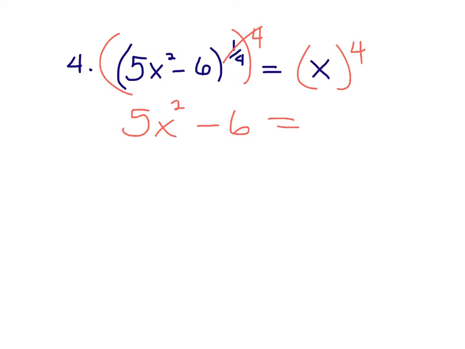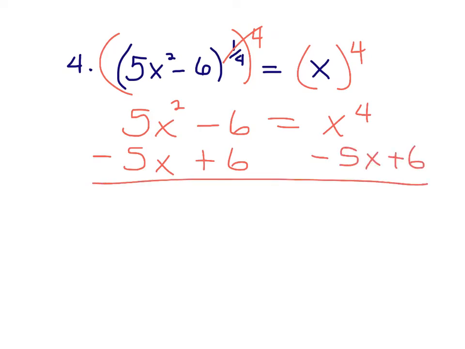6 equals x to the 4th. I now need to get this into standard form so I can try to factor this. I'm going to move them both at the same time. So then I get x to the 4th minus 5x squared plus 6 equals 0.